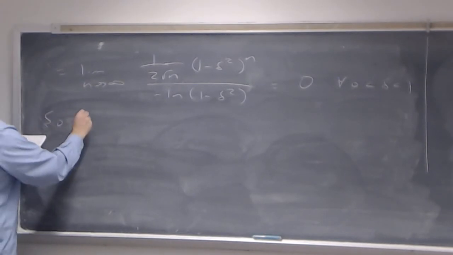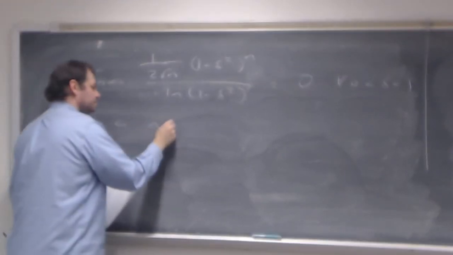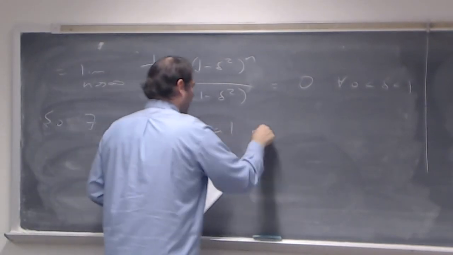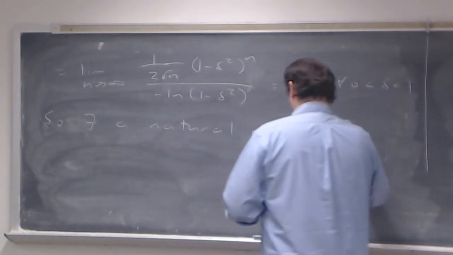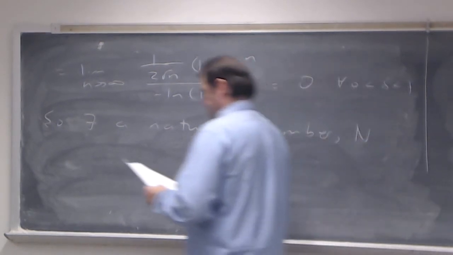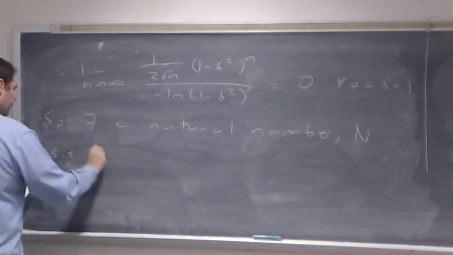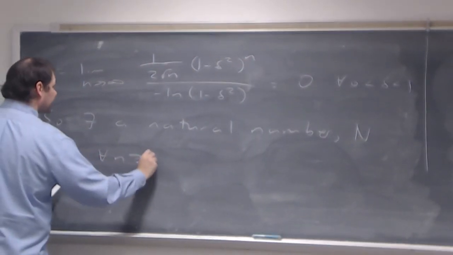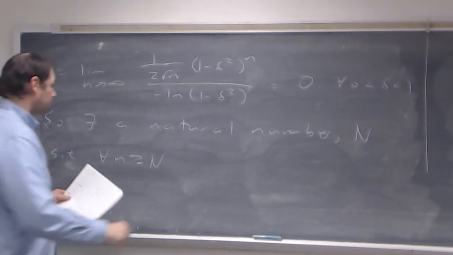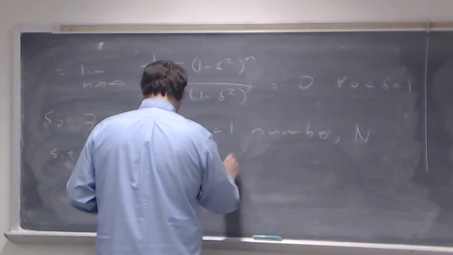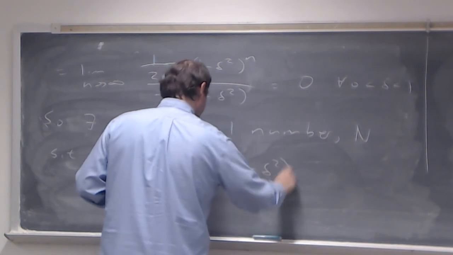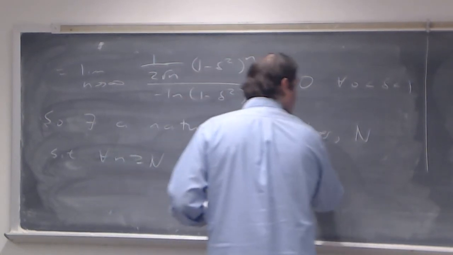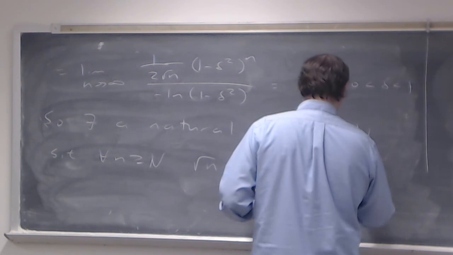So what that means is there exists a natural number big N such that for all n bigger than or equal to big N, the square root of n times (1 minus delta squared) raised to the n will be less than epsilon.